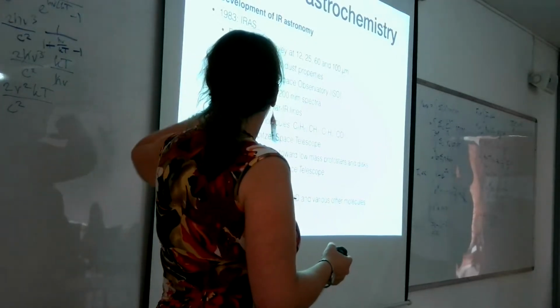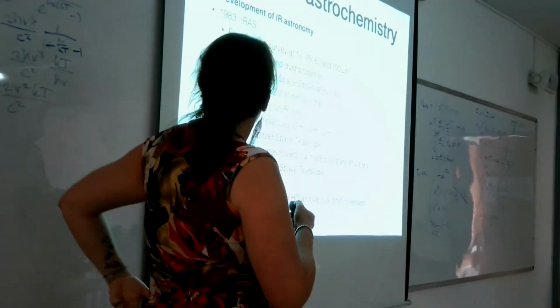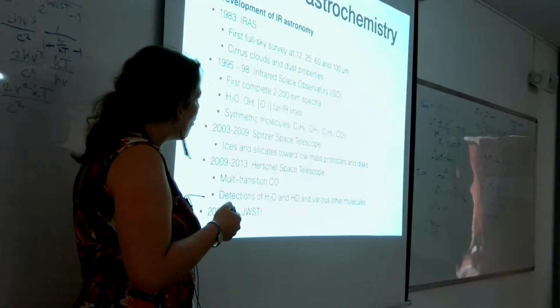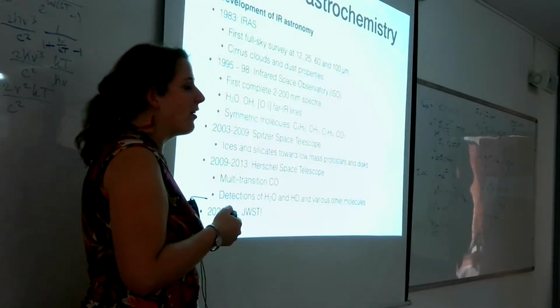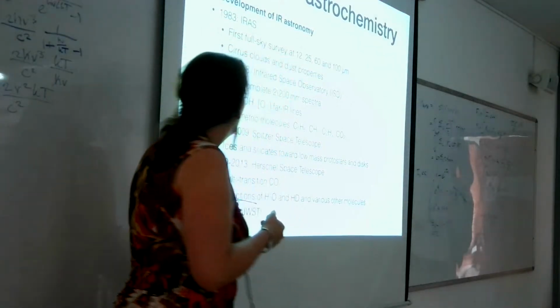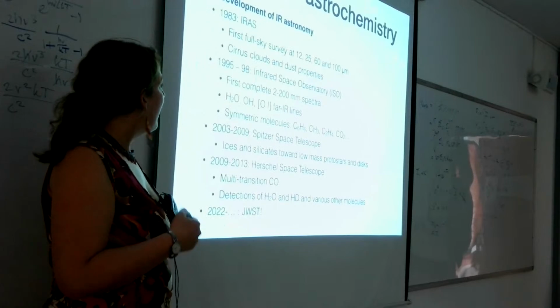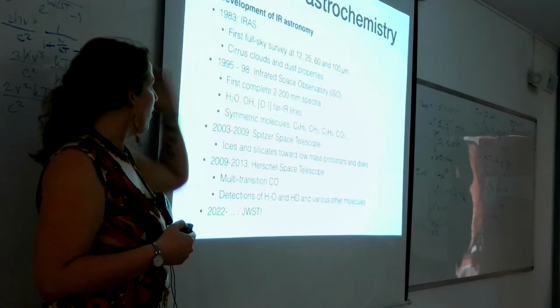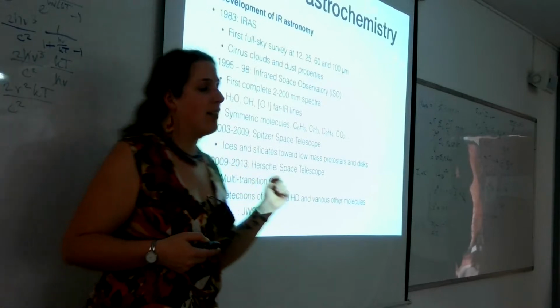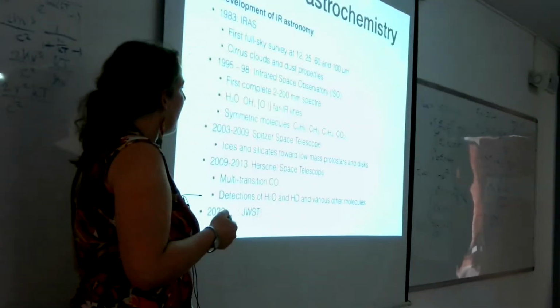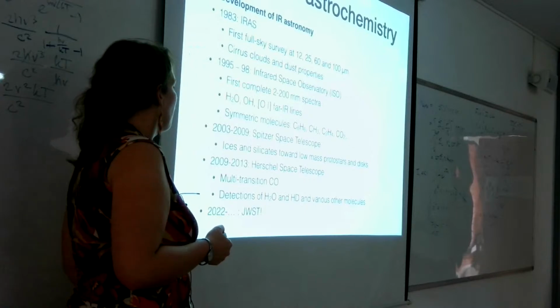And then, following that, ISO in the 90s started to do spectroscopy. This should have been micrometer, because that got corrected by Theo. So 200 micrometer spectra. And then they actually discovered water, OH, O1, far infrared lines in many of these clouds, and also maybe larger molecules.